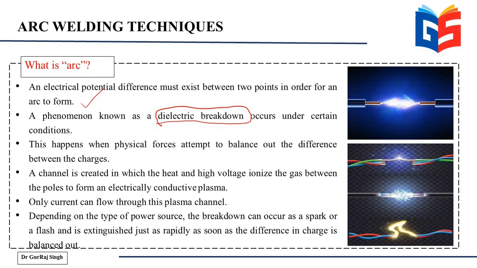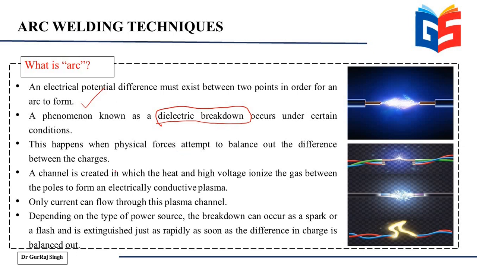It occurs whenever there's an obstruction to the flow of electrons, but the potential difference is sufficiently high to break through that obstruction. This happens when the physical forces attempt to balance out the difference between the charges.